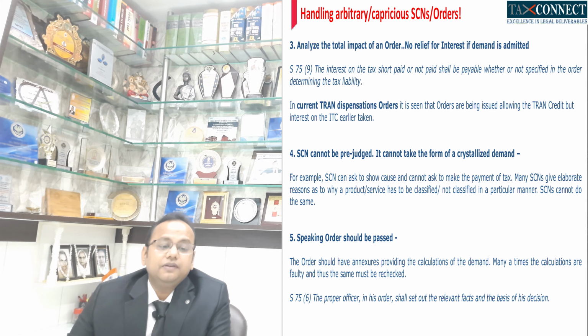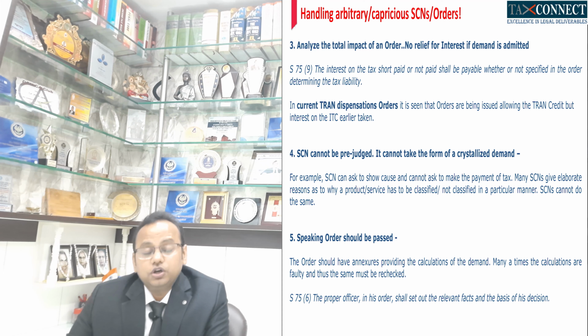Next important thing is that a speaking order should be passed by the concerned adjudicating authority while confirming a show cause and while creating a demand. Now what is a speaking order? A speaking order is where each and every point is raised, the reply is given cognizance to, and sufficient reason is provided as to why a demand is getting confirmed.